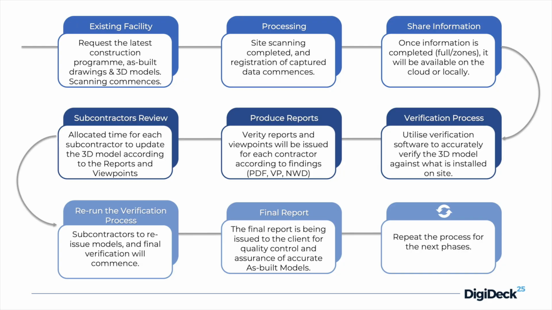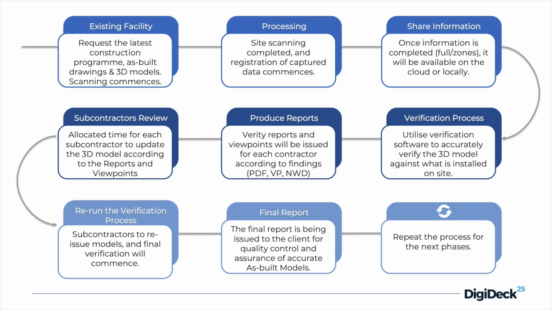Each verification process can be broken down into smaller steps. But just to simplify this for you, it goes: scanning the existing building, then the data is processed, the data is shared, and the report is created regarding discrepancies between the point cloud or markers from site and the 3D model.